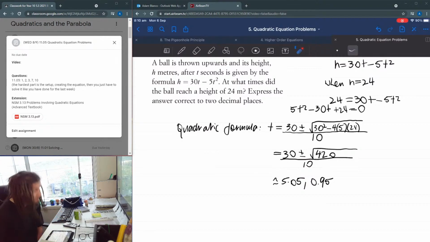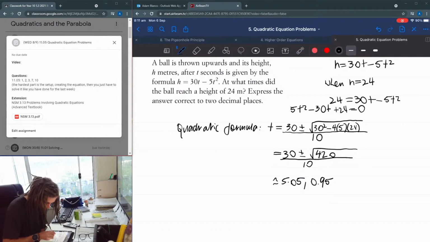So yeah, there is extension. I put New Senior Maths, which is an advanced textbook, and it has questions like this in it. You're probably going to have t-values or time values that are negative. Try and interpret that and think to yourself, why would that be the case?